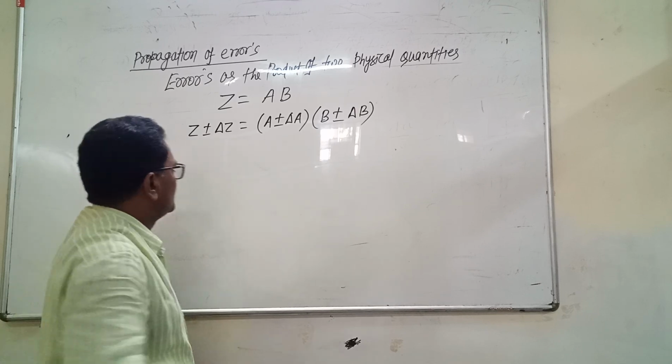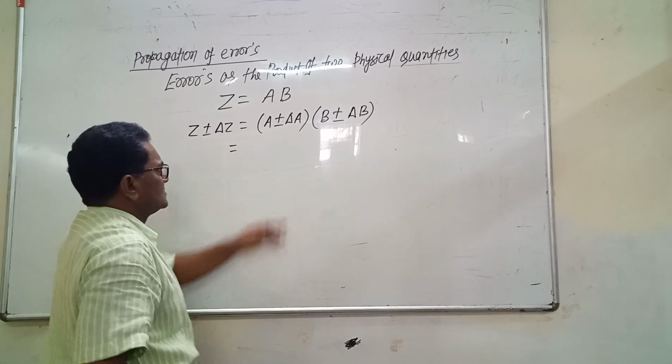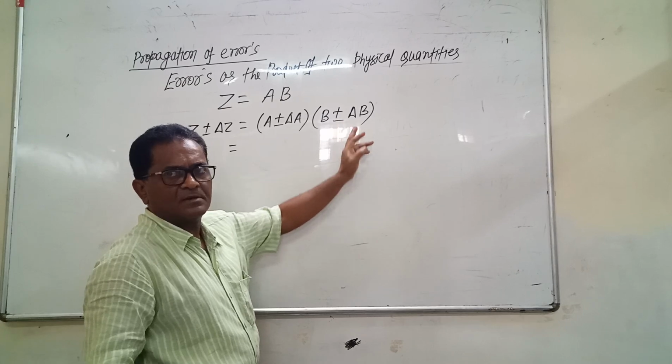Remove the bracket by multiplying the corresponding terms. A is multiplied by both the terms.